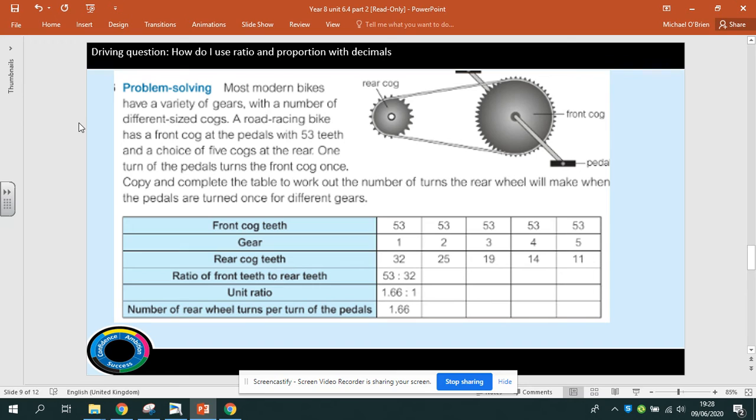So what we're looking at is finding ratios, finding unit ratios, and then working out the number of rear wheel turns per turn of the pedals. I'm going to let you have a go at working your way through it, and we'll return in a moment.